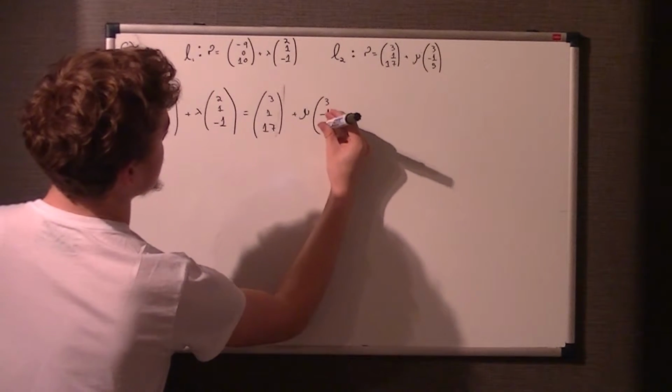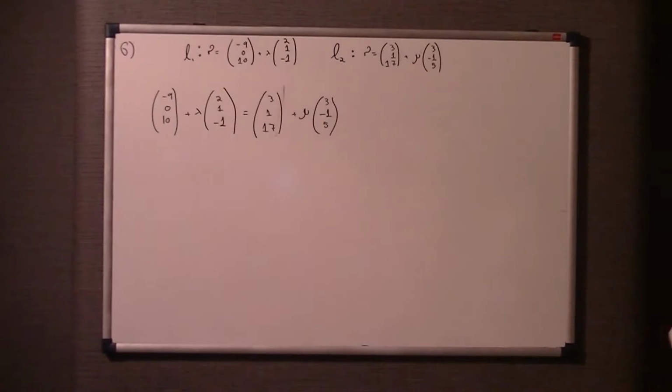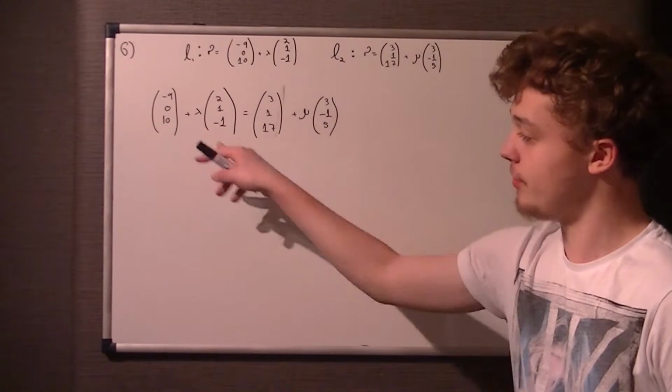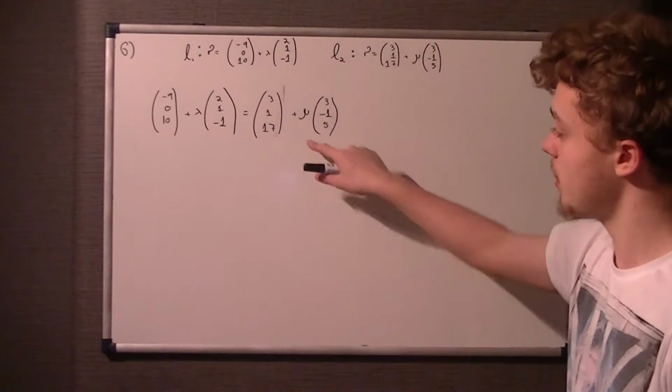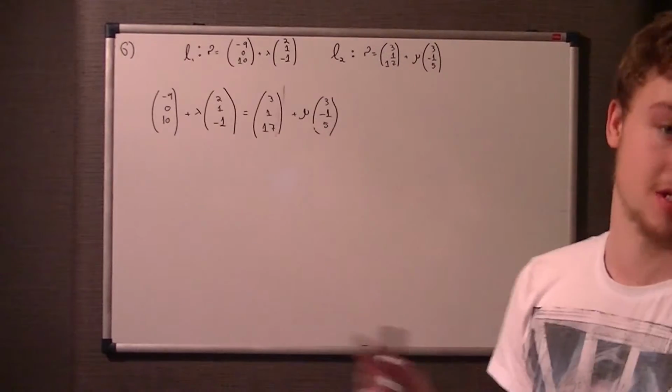Okay, so how do we prove that they intersect? Well, basically, this lambda has to be a constant for each of these. This lambda is the same for each of the i, j and k. But because we've got a mu here, and obviously we've got different values, the value of mu and lambda is going to be different.